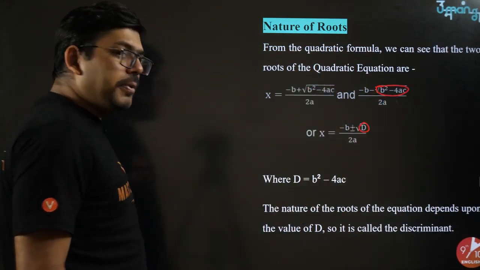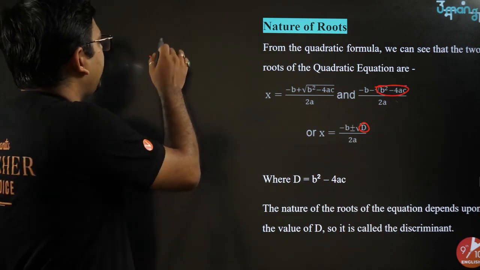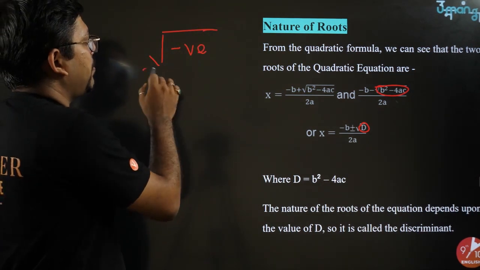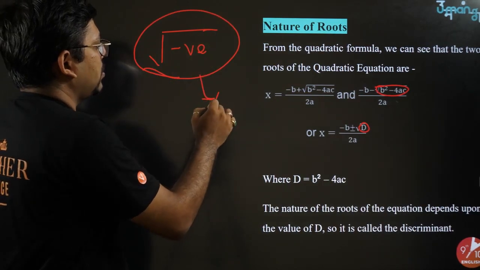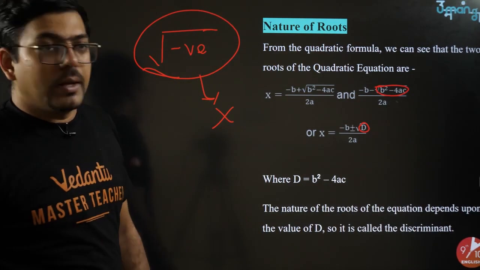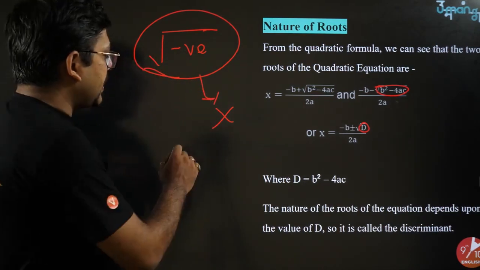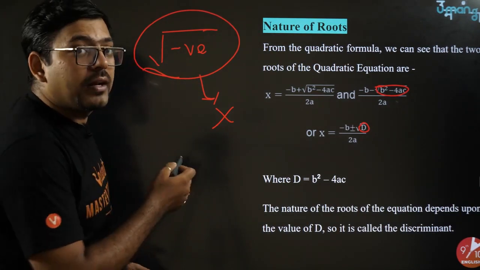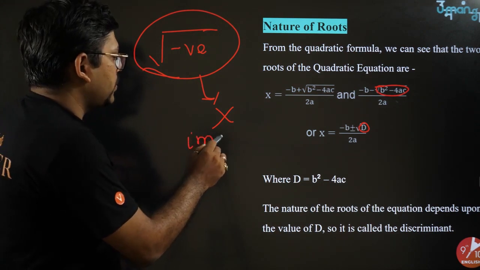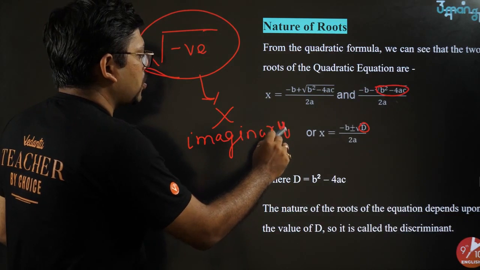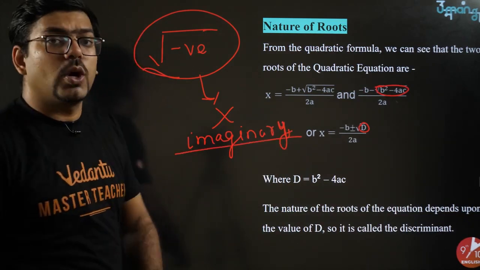And in mathematics, any value inside the root, if you make it negative, becomes a big sin, isn't it? It's an absolute no-no, because if there is anything negative inside the root, then it gives you not a real number but an imaginary number. There is something called imaginary numbers in mathematics; we will not be talking about it right now.